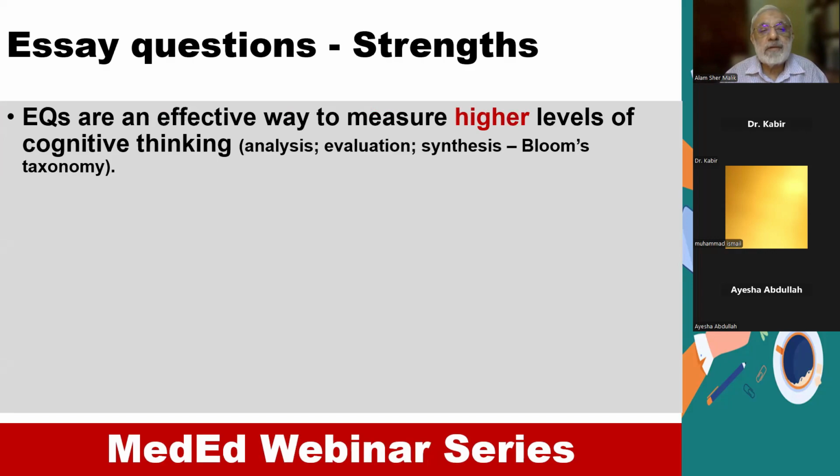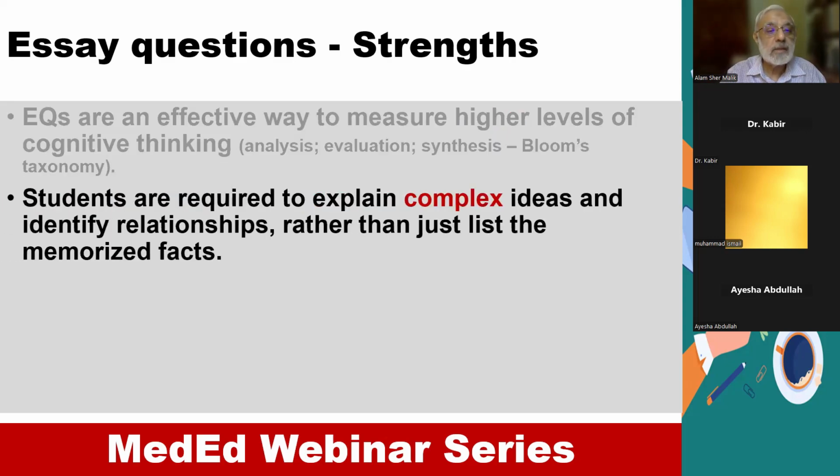Essay questions are an effective way to measure higher levels of cognitive thinking: analysis, evaluation, synthesis. If you look at Bloom's taxonomy, the higher levels are best assessed by essay type questions rather than multiple choice questions.